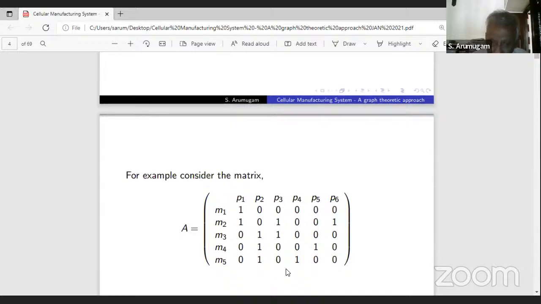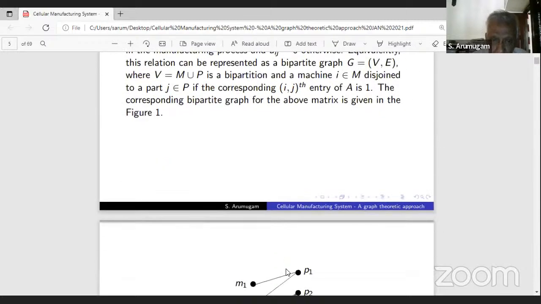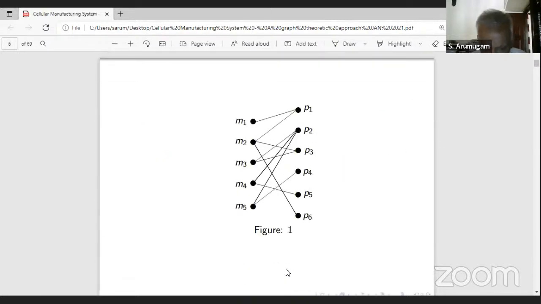So for this matrix, we have this graph. The problem is to split this graph into cells such that intercellular movement is minimized.